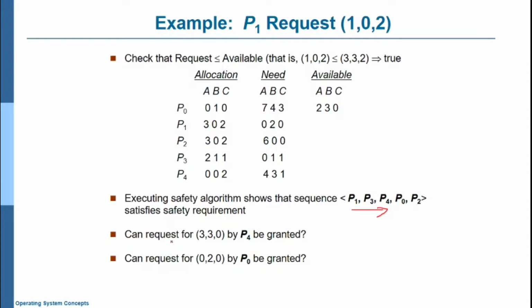Can we request 3 3 0 by P4, and will it be granted? Can we request 0 2 0 by P0, and will it be granted or not? These are the two conditions we are looking at, and we will try to solve this problem in the regular classes.